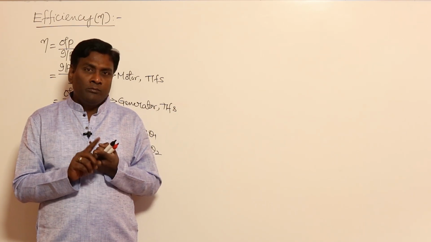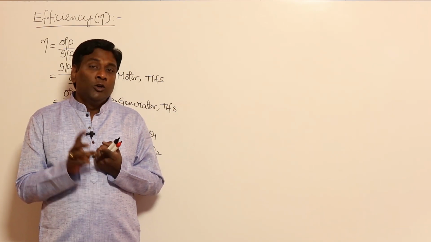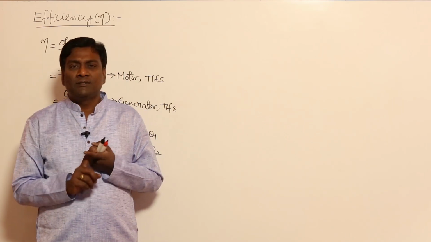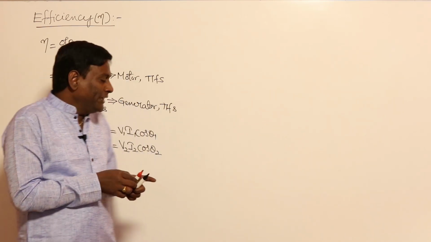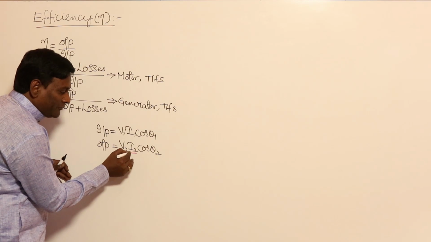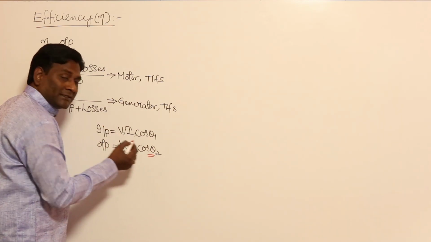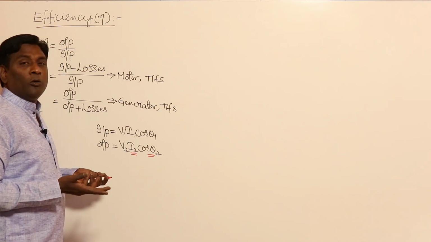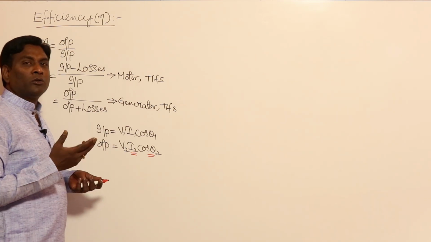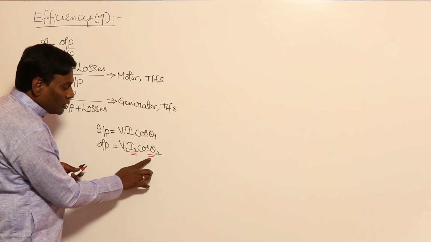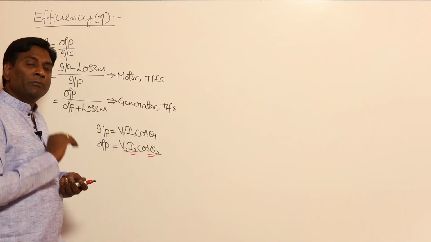So the magnitude of load current I2 is decided by the load. Who are we to decide? So I2 is an independent variable, decided by the problem. And theta 2: the transformer secondary can be operated at lagging, leading or unity power factor. This theta 2 also should be decided by the problem given.